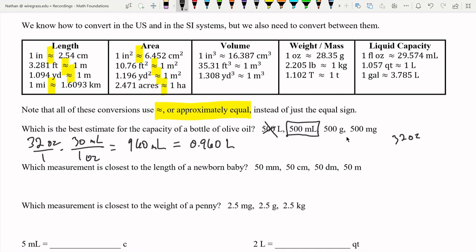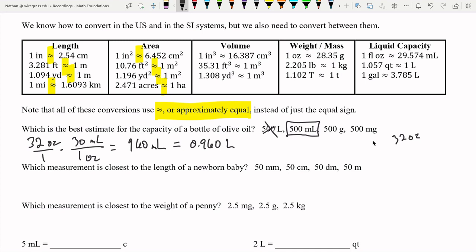Now, these ones are a little bit more interesting because these are mass measurements. And for this one, you have to actually weigh the quantity of olive oil you're talking about. You can also look up a conversion between mass and volume, and that would be a density.